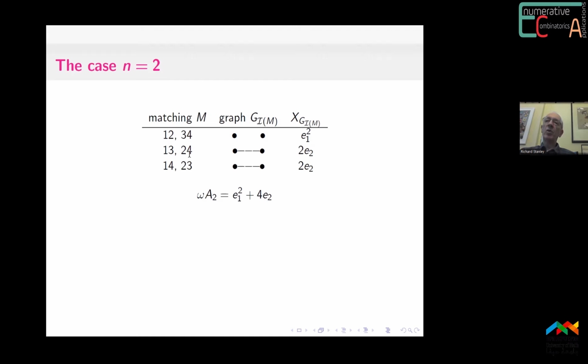In the other two, the intervals do intersect, so we get these graphs, and their chromatic symmetric functions are e_1 squared and 2e_2 twice. So omega of A_2 is e_1 squared plus 4e_2. Or, removing the omega, A_2 itself is h_1 squared plus 4h_2.